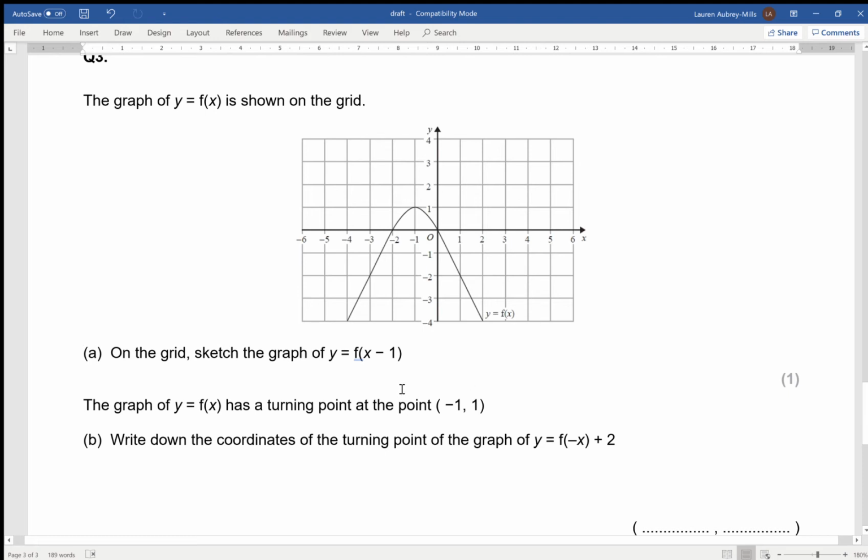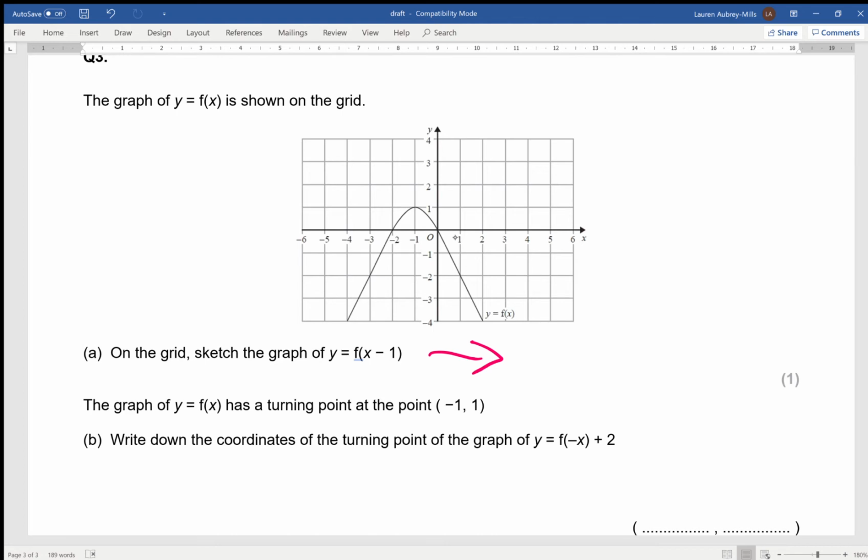Now, when it's inside the bracket, when it's x, it's always the opposite of what you expect. So if it says -1, you are going to be adding 1, so you're going to be going in this direction. So this is my function, and I'm moving it in the right direction.